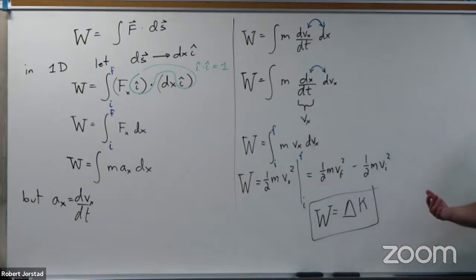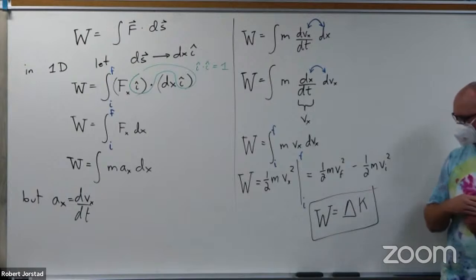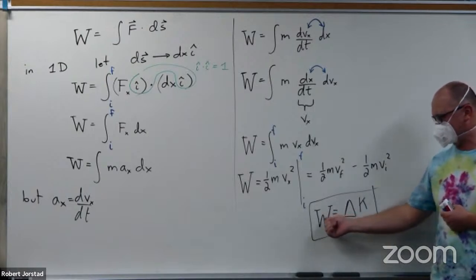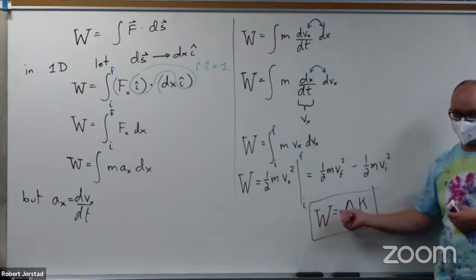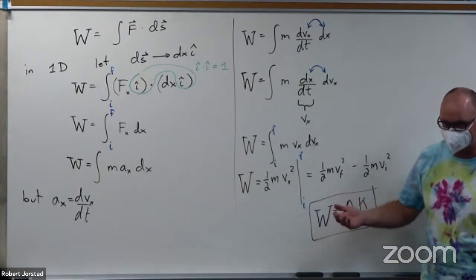If you're wondering why someone would make up this nonsense concept of work, it's because it relates to kinetic energy. Here is the deal. How many vector signs do you see in this last line? None. We can do some problems without having to do vectors.